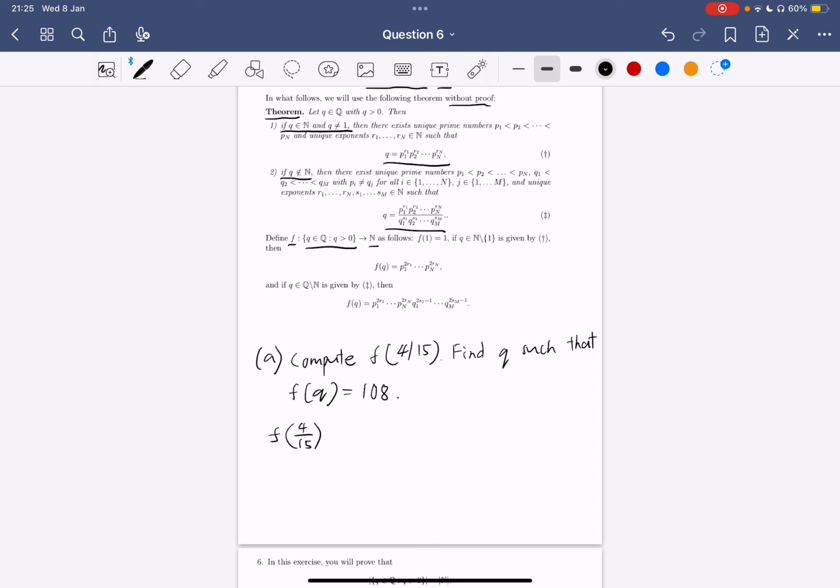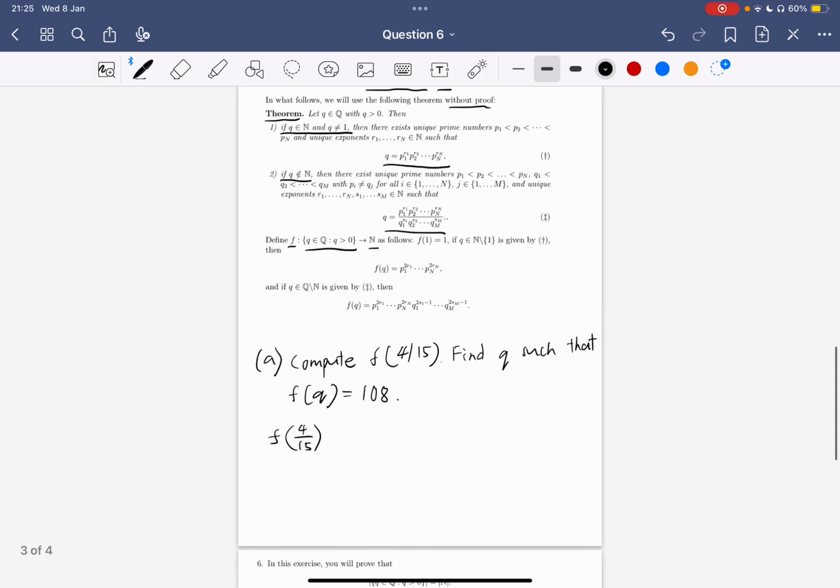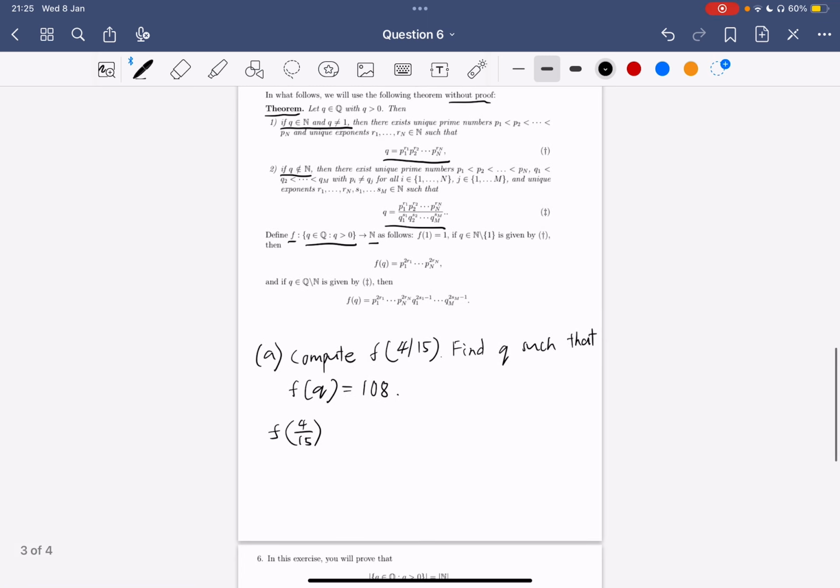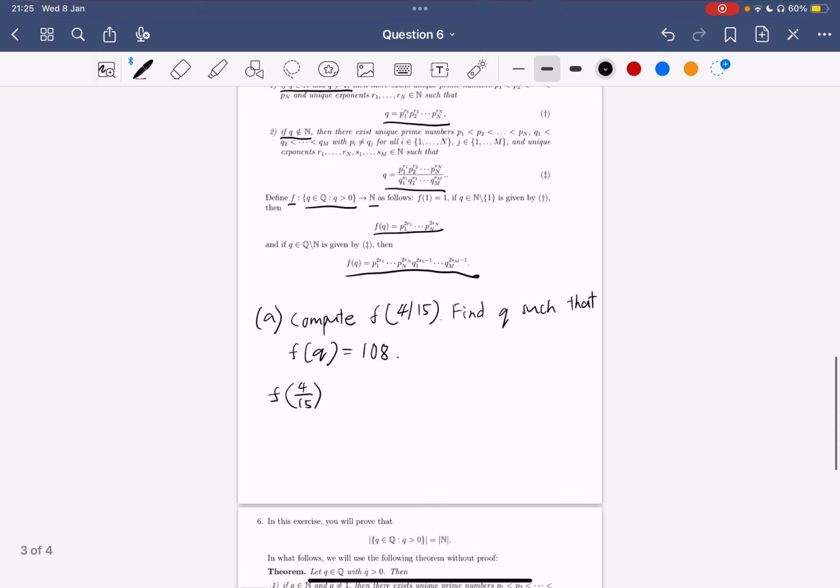The definition of f is so that if q is a rational number but also a natural number, it's given by this. If it's just a rational number and it's not a natural number, it's given by this equation. And since 4 over 15 is a proper rational number, we would use the second equation here.